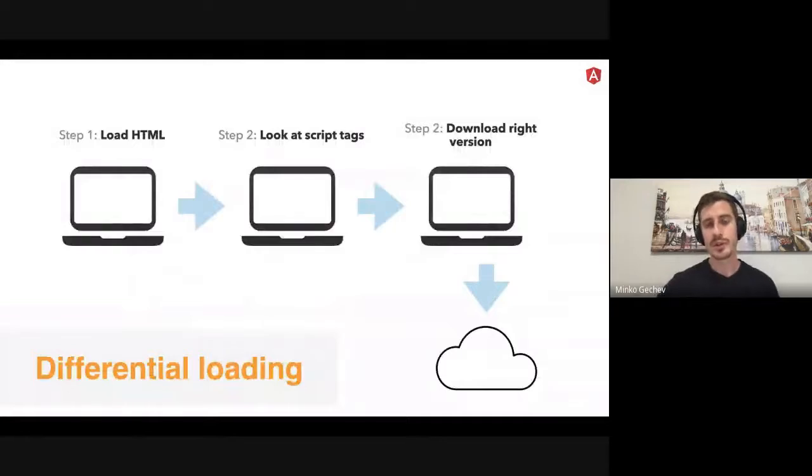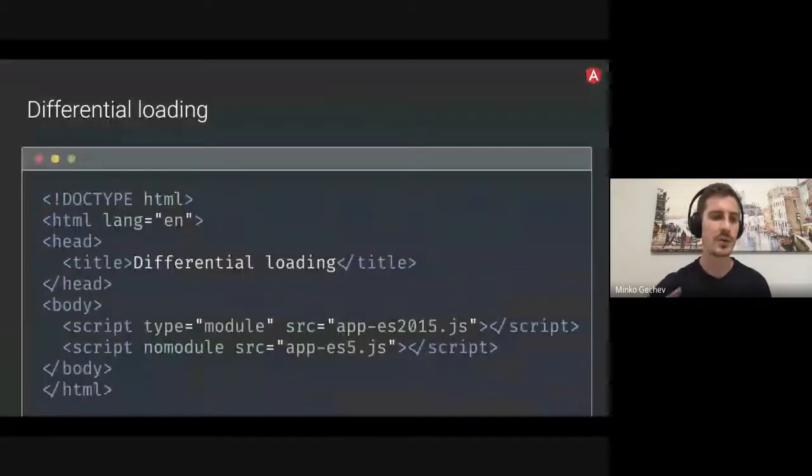With differential loading, the way that we're loading your application is by referencing both the ES5 and the ES 2015 builds in different ways. So if you look at an application that is built with differential loading enabled, you're going to see that you have two different script tags, at least. You have a script tag with type module that contains your ES 2015 bundle, and a script with an attribute nomodule.